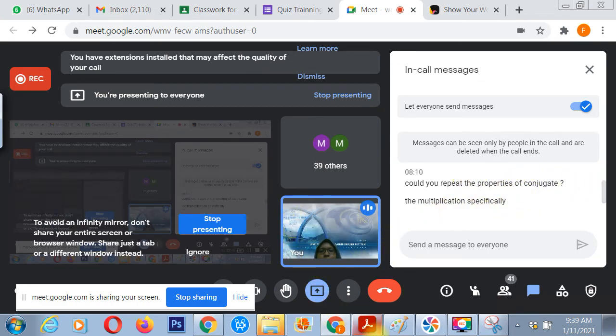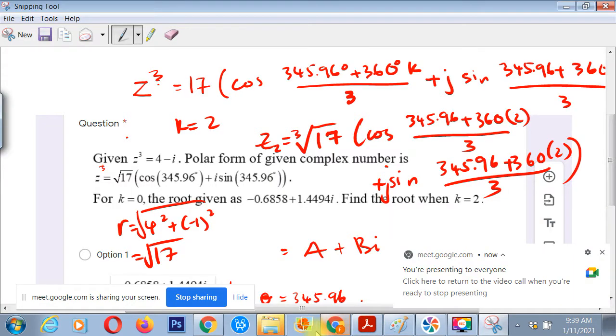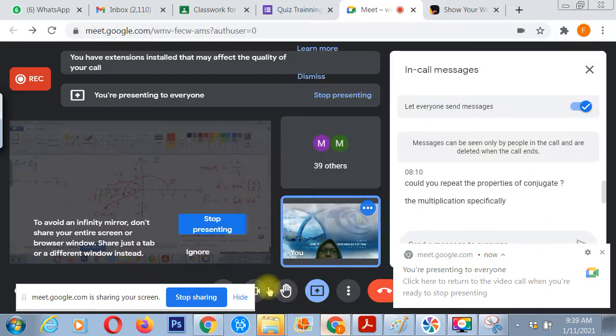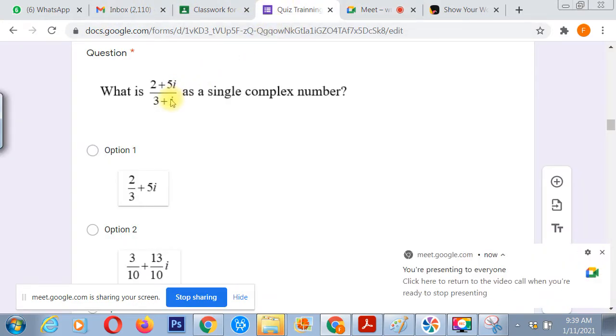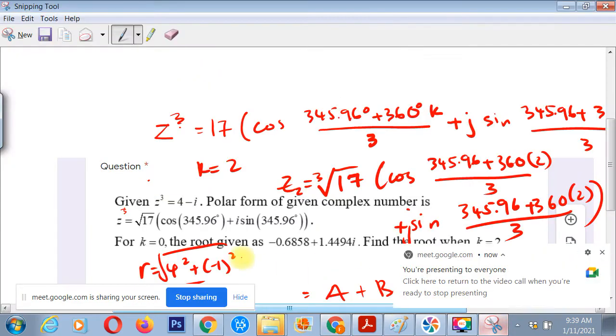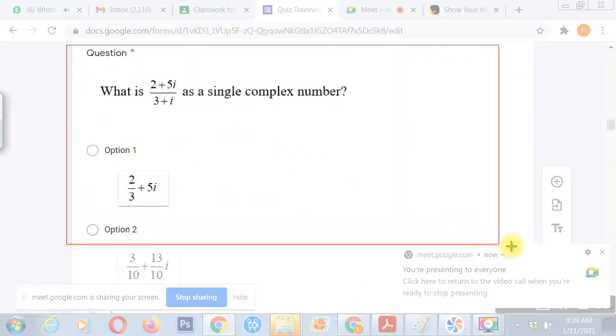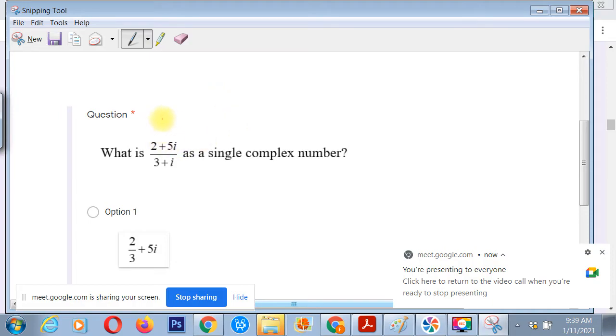Where do we use it actually? We use it here. Okay, we use it here.